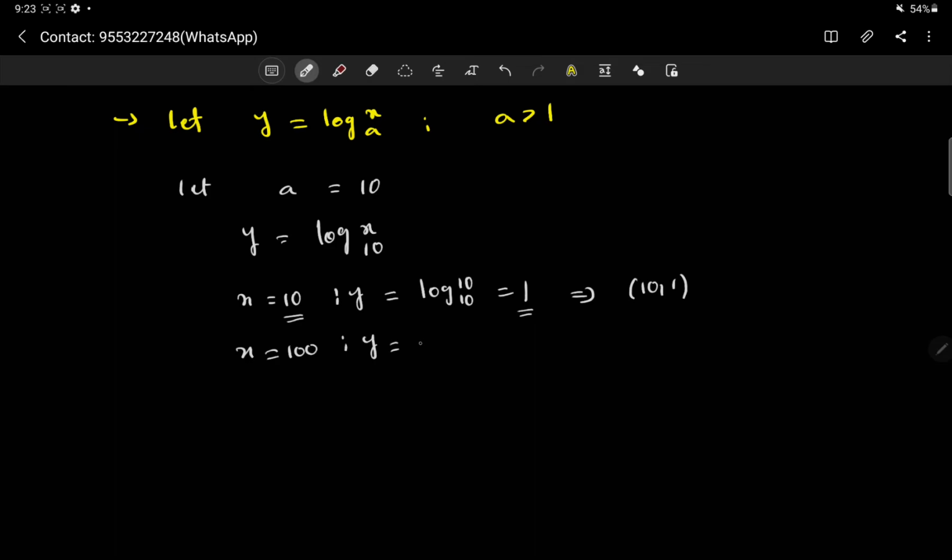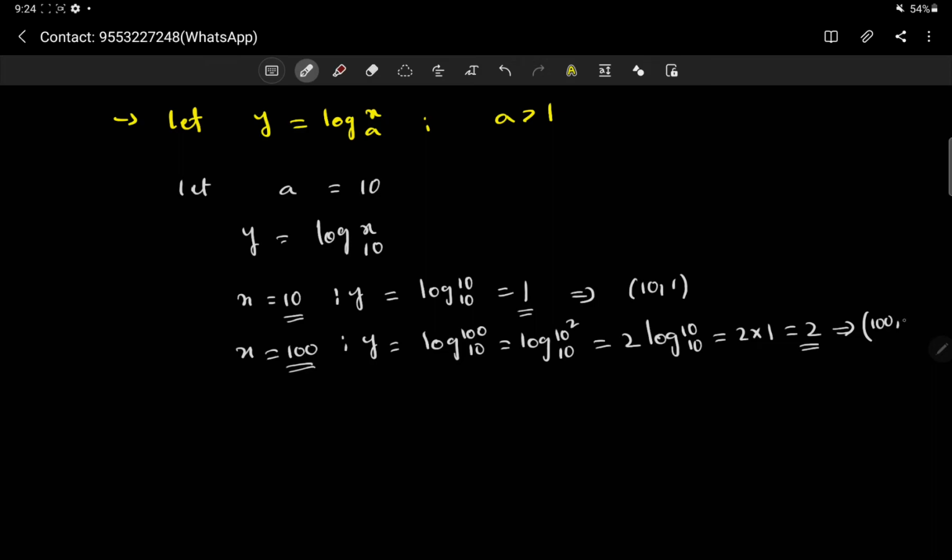Then what about y value? Log of 100 base 10. This can be taken as log 10 square base 10, which becomes 2 log 10 base 10. 2 into log 10 base 10, whose value is 1, so we are going to get it as 2. So therefore on taking x value as 100, we are getting 2.